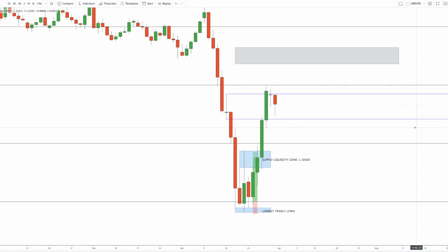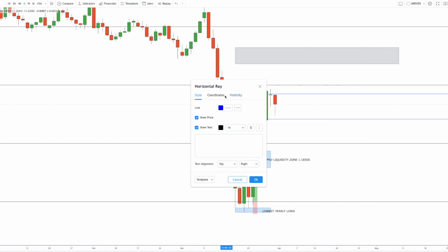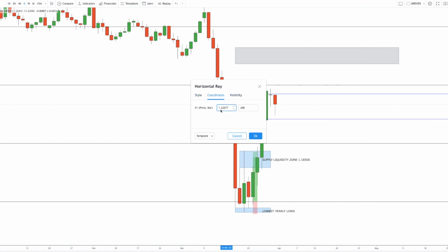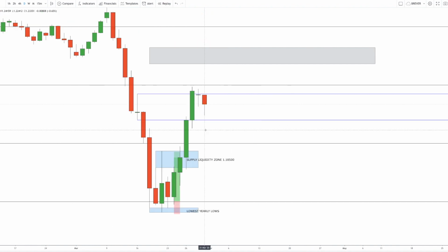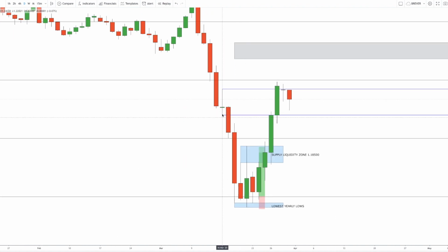I don't want to waste time finding this, but you can see even when you put it at that psychological number, it can be 1.2200, because that's just like a 7 pip difference. Now you can see that it came and aligned very well. So the same thing can happen here, that is 1.25.